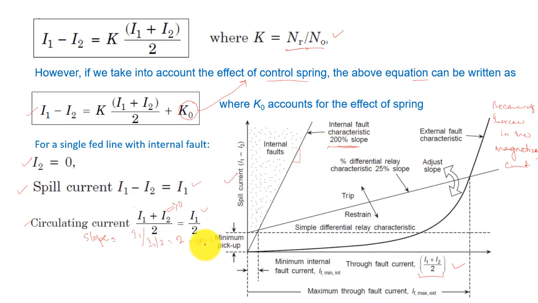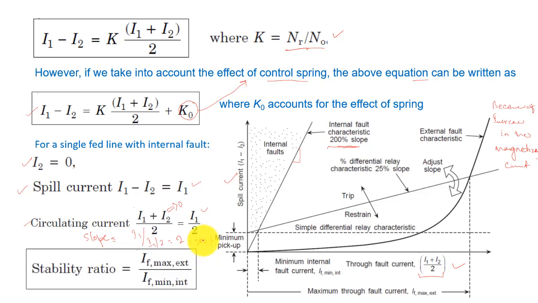Okay. And for different percentage bias we found this characteristic, and this is for 25% slope, this percentage bias is considered, right? So this slope is 25%. The stability ratio we already know is IF max external divided by IF min internal, right?